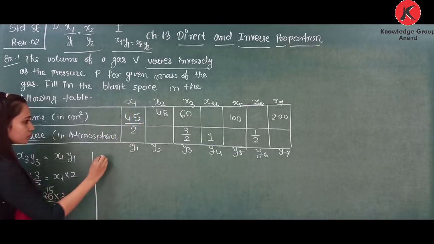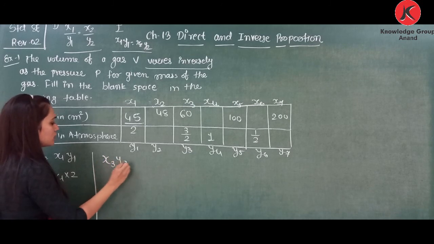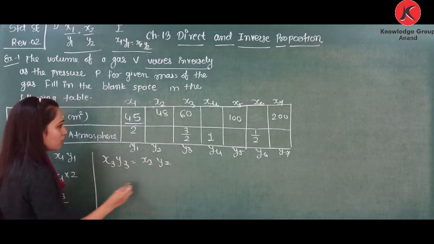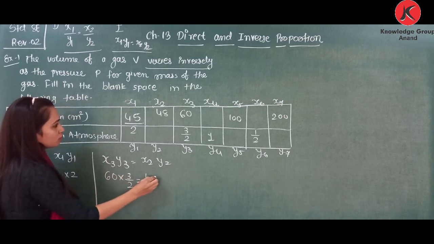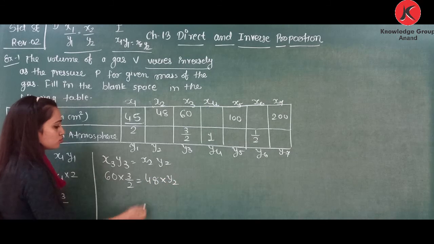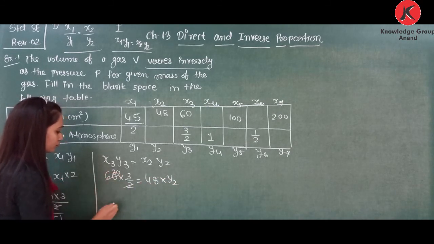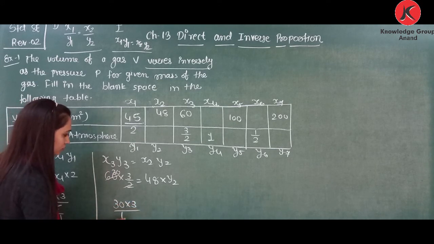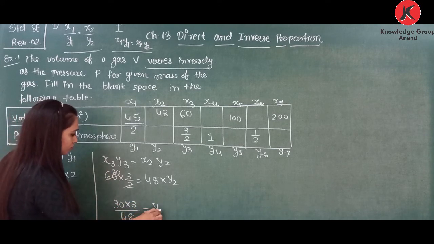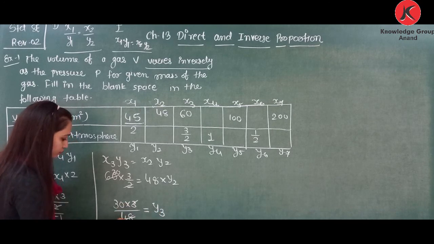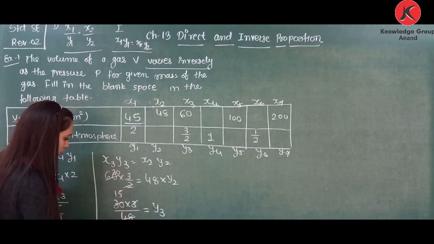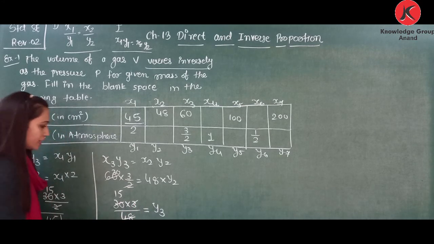For the next one, x3 y3 is equal to x2 y2. Now x3 is 60, y3 is 3 by 2, x2 is 48 and we need to find y2. So take 48 and divide. So here you can write 30, so 15 by 8.